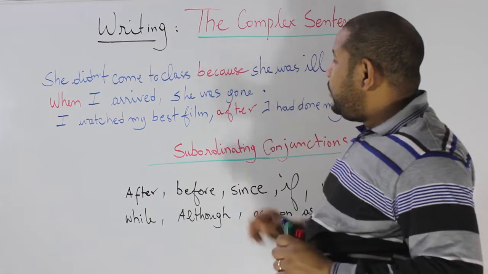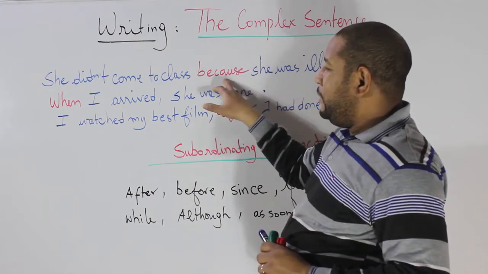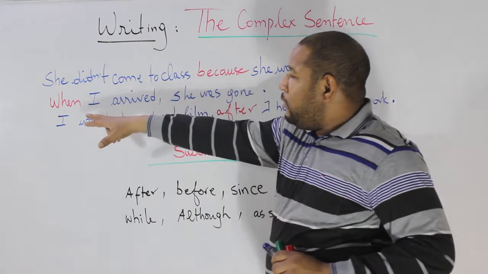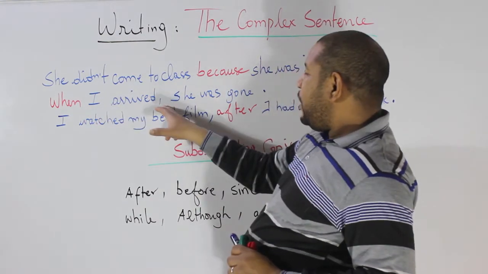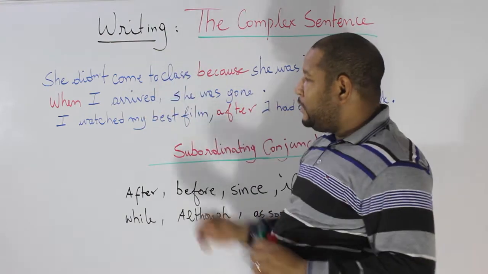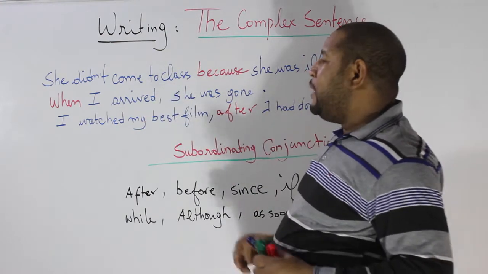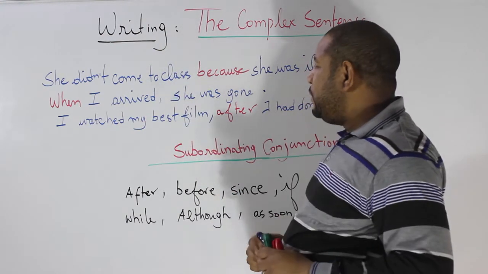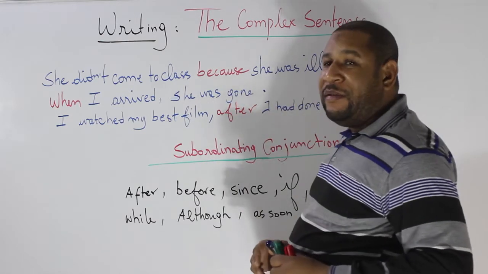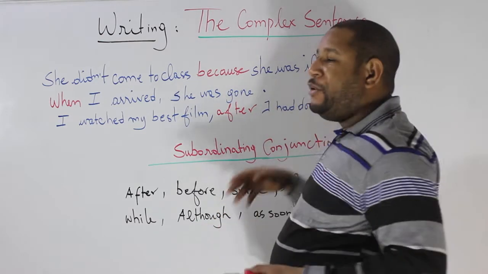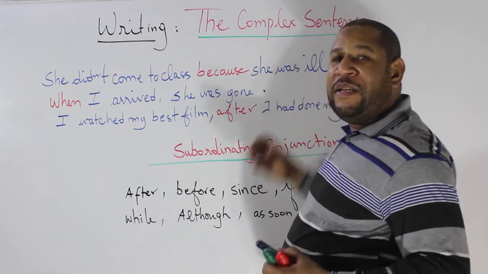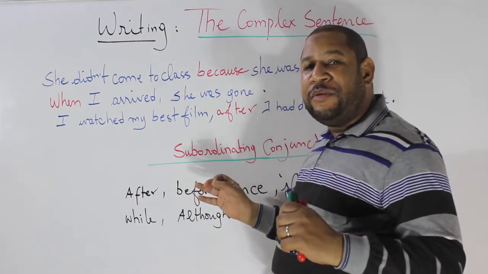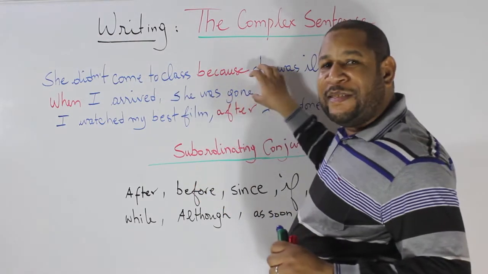Okay, so look here, we have because. Here we have when. When I arrived, I arrived is an independent clause, and she was gone. When I arrived, she was gone. She was gone is an independent clause. So this is a complex sentence.